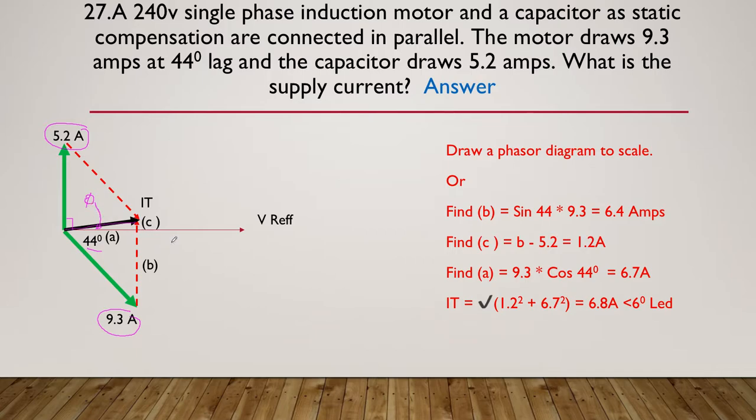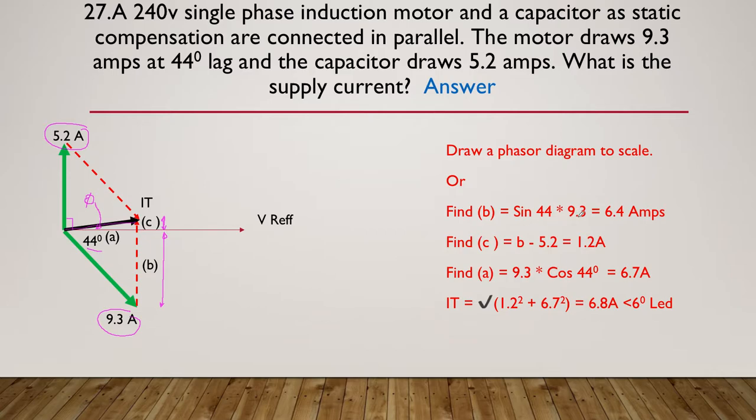Or we could use some trigonometry. So the first thing we'd need to find is C, that's this little bit here. To get it, we take our 5.2, and we know the angle, and we can actually find B. Not too hard to find the length B, which is this one in here. So that's B, and we can just use trigonometry.